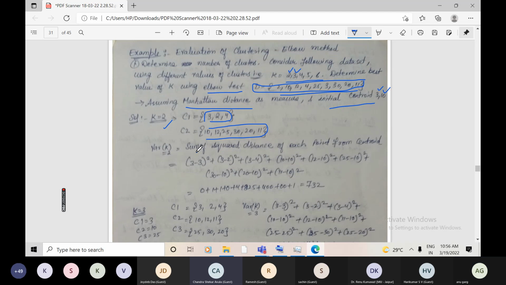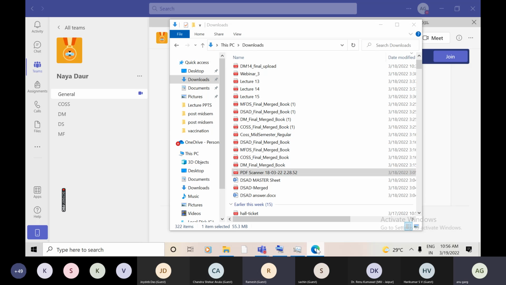Sorry, Anu. It said Manhattan, right? But I think you have taken Euclidean, right? No, I did not do the square root. Manhattan is like absolute value, just q equal to 1, isn't it? Manhattan is not the sum of squared distance. Okay, carry on.